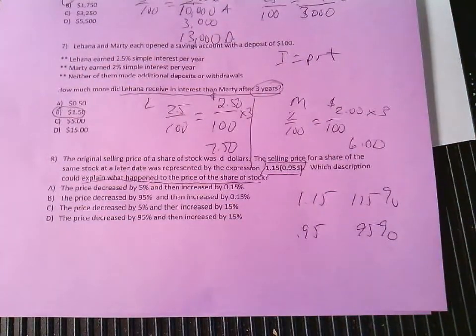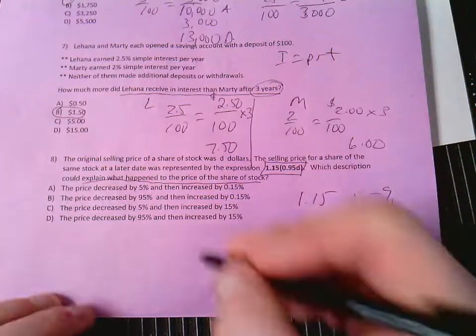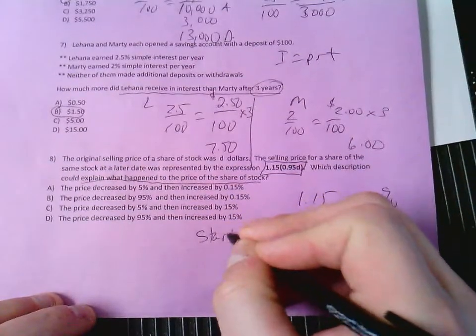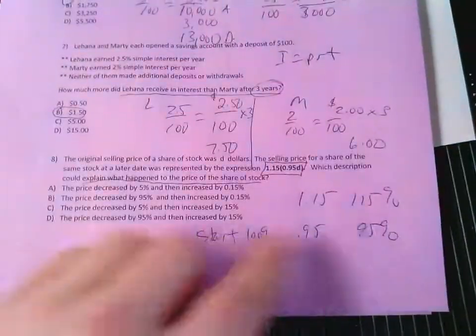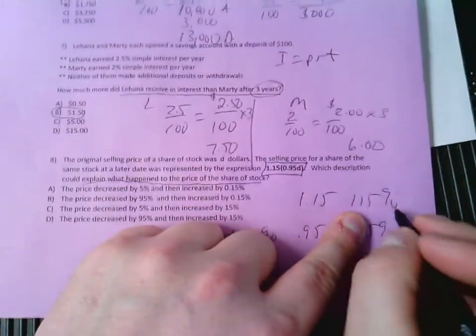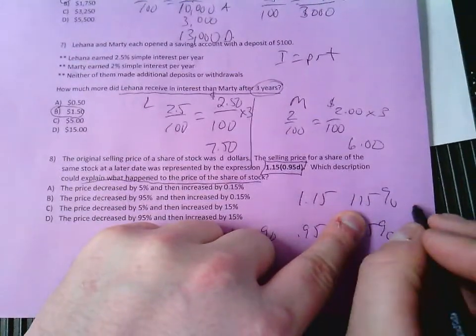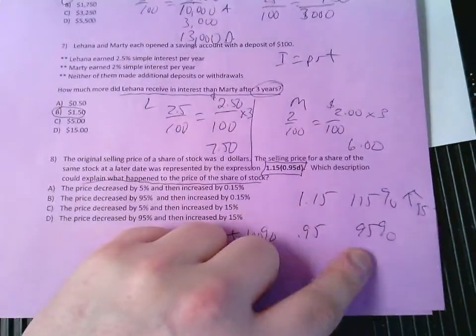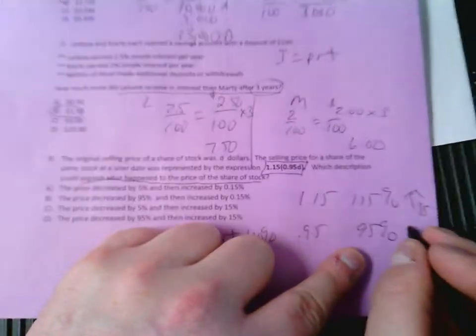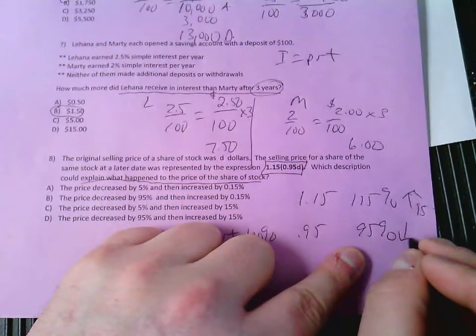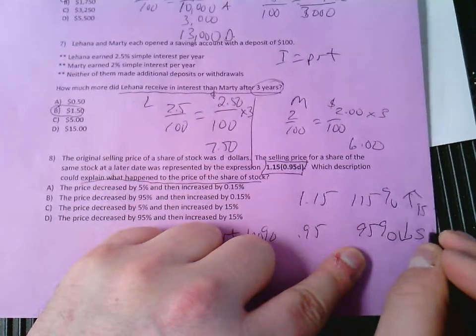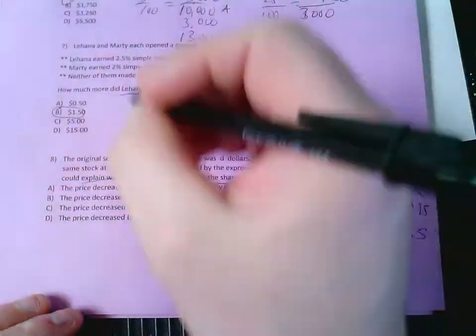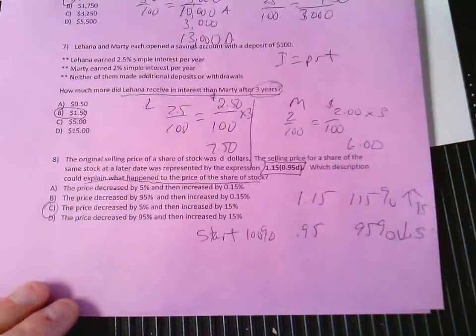So then you have to start at 100%. So 115 is 15% more than 100%, so it's an increase of 15%. 95 is 5% less than 100%, so this is a decrease of 5%. So the answer to this is C.